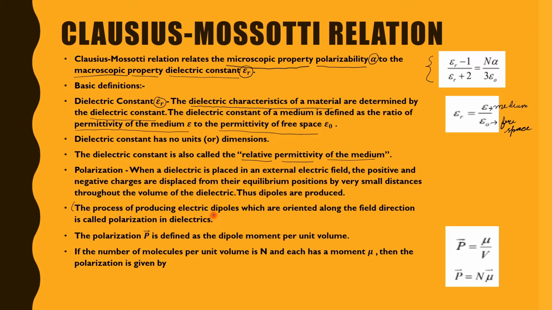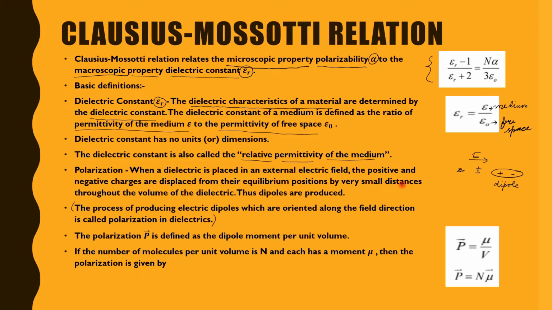This means that if there is a dipole, plus and minus charges, and an electric field is applied, then the charges are separated by a distance, and this is the dipole. When a dielectric is placed in an electric field, the positive and negative charges are displaced from the equilibrium position by a very small distance throughout the volume of the dielectric.